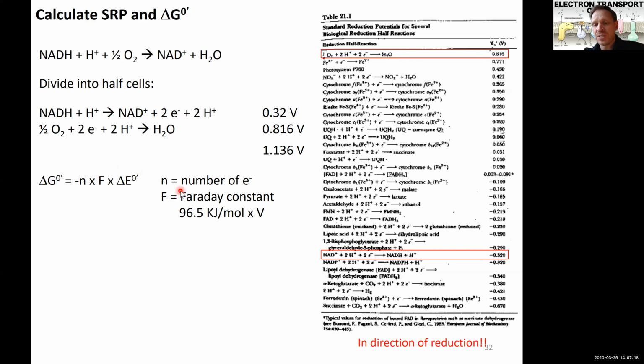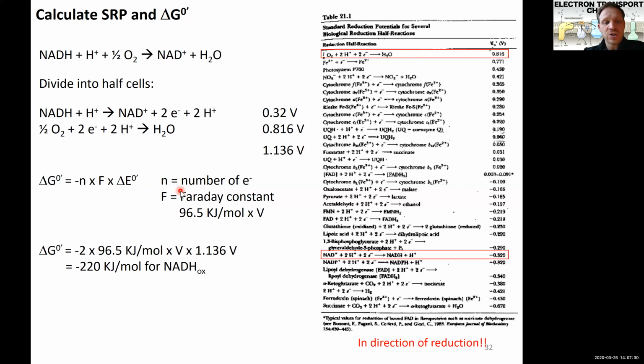In essence, just the energy that is bound in 1 mole of electrons, very basically. So if we plug our values into this formula, we get a Gibbs free energy under standard conditions of minus 220 kilojoule per mole. That looks pretty good, right? It is negative, and negative Gibbs free energy means it's fluxing spontaneously left to right. It's an exergonic reaction, so that's great.